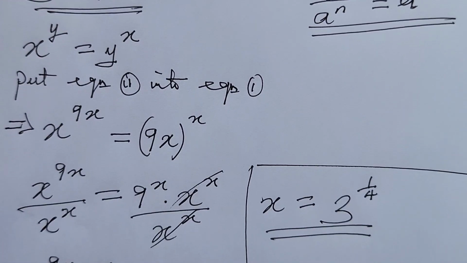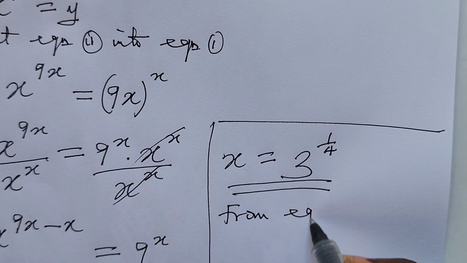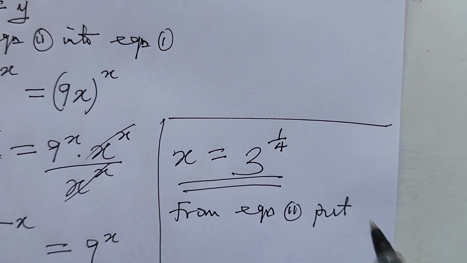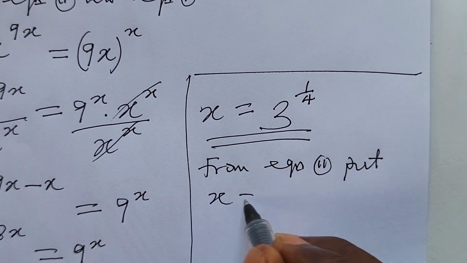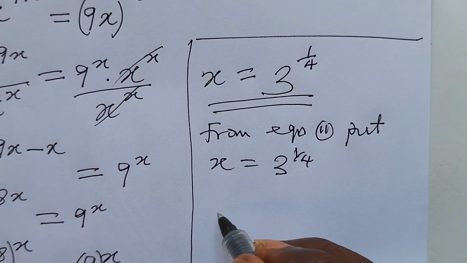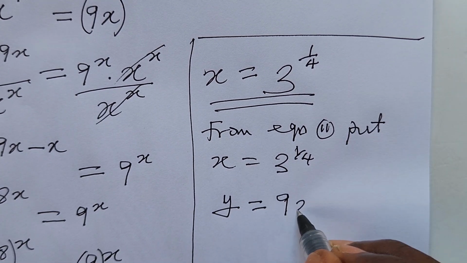So let's substitute here. So we can say from equation 2, put our x equal to 3 all to the power of 1 all over 4. Easy. So let's put down our equation 2. Our equation 2 is y is equal to 9x.